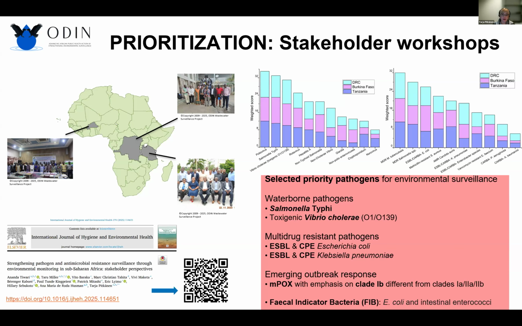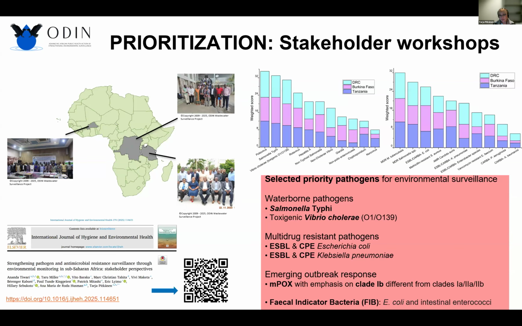The second area of interest is multi-drug resistant pathogens, and there we are interested in ESBL and CPE pathogens, especially the species Escherichia coli, E. coli, and Klebsiella pneumoniae.